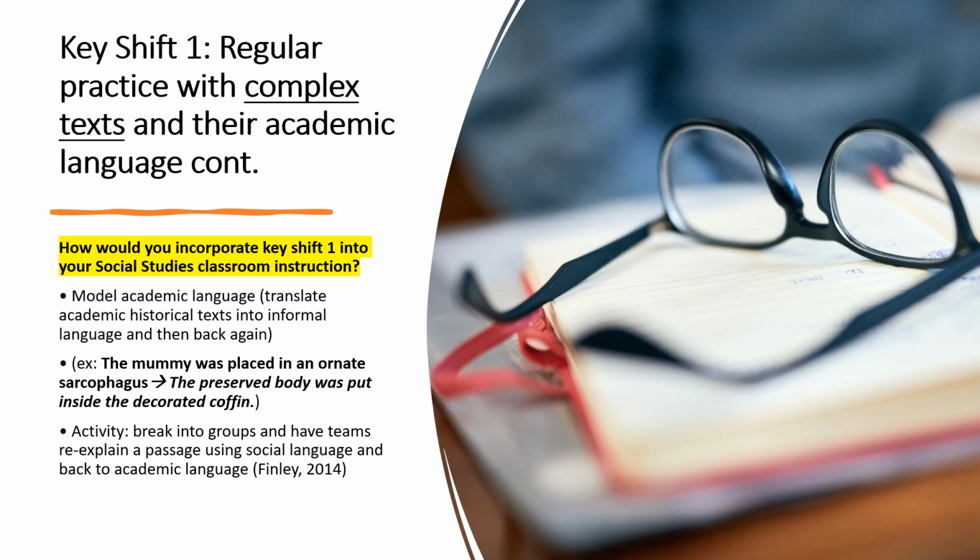Next, how would you incorporate this Key Shift 1 into the social studies classroom? So we can incorporate this shift by supporting our students with a diverse academic vocabulary and diverse reading texts.